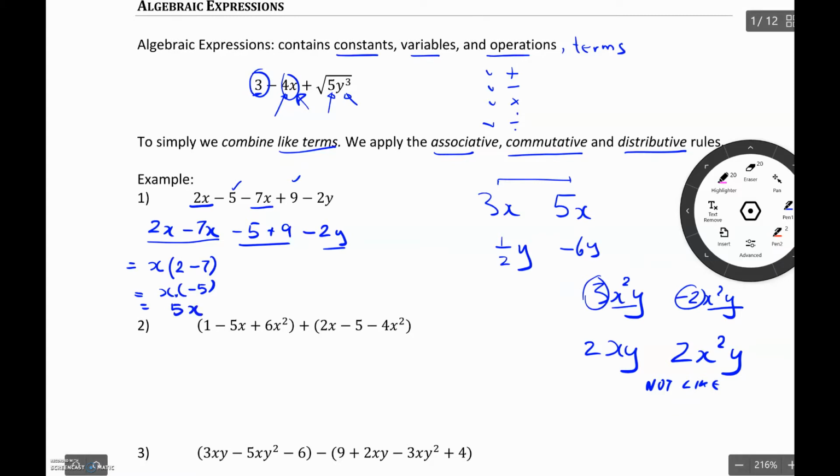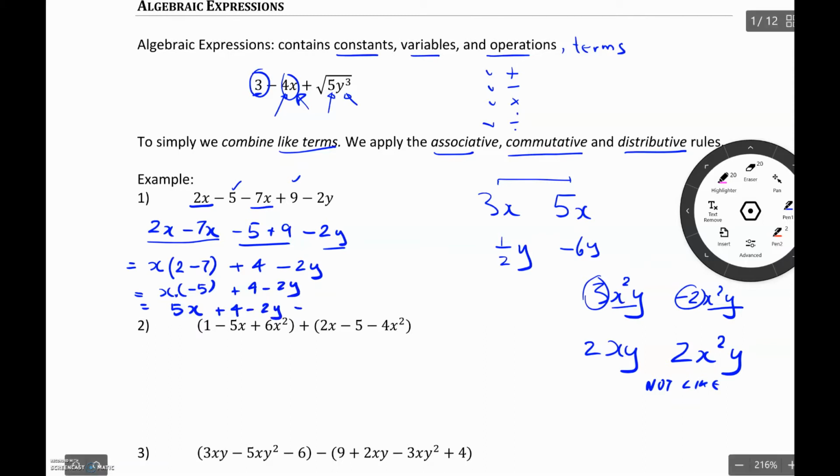Let's do the rest. So negative 5 plus 9 is actually a plus 4. And then we have negative 2y, so plus 4 minus 2y.